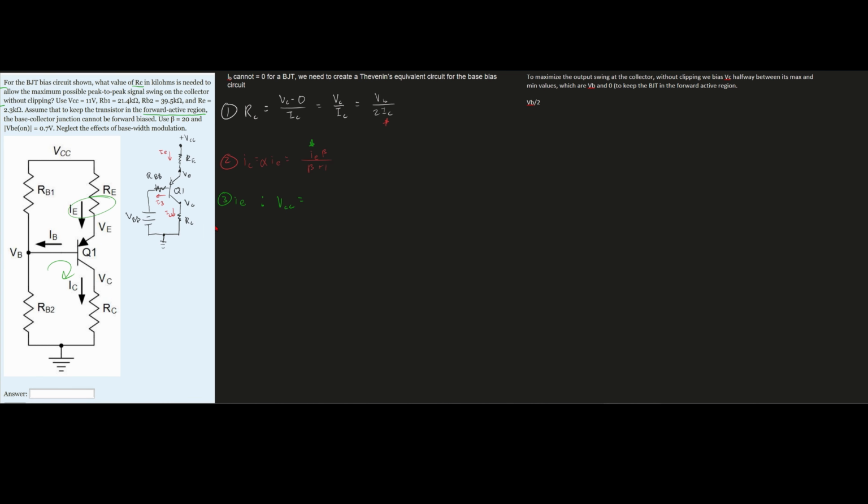Because there's going to be some voltage here. So we're going to have IE times our RE, and then plus the voltage of the base emitter. And since it's a PNP, it's going to be like right here. So we'll do the voltage of our base emitter, and it's going to be the absolute value of our VBE.